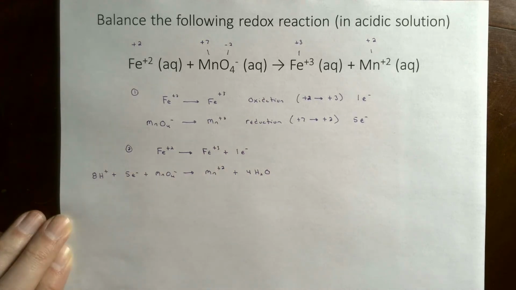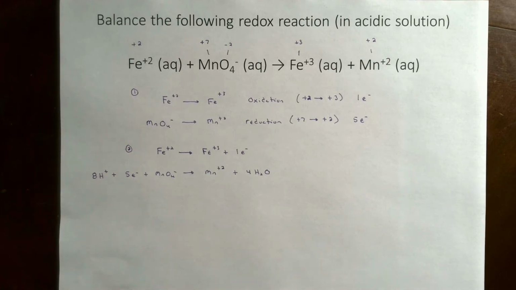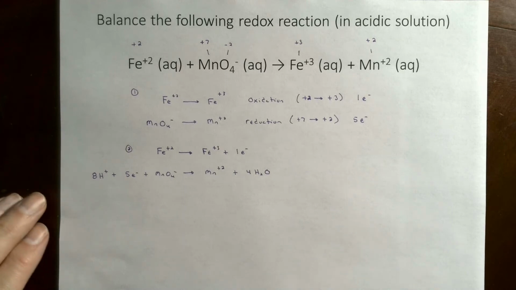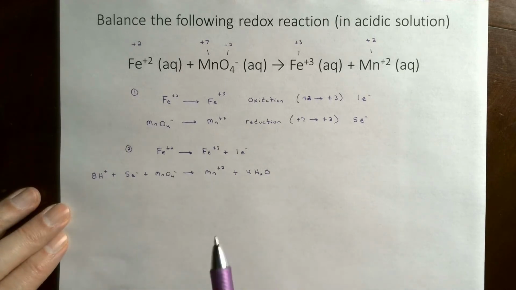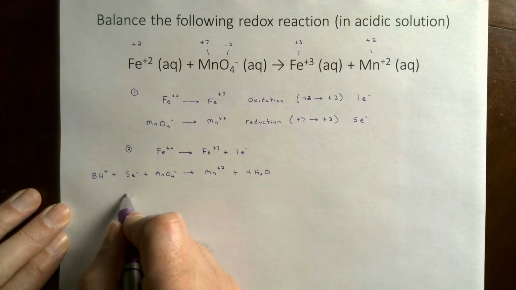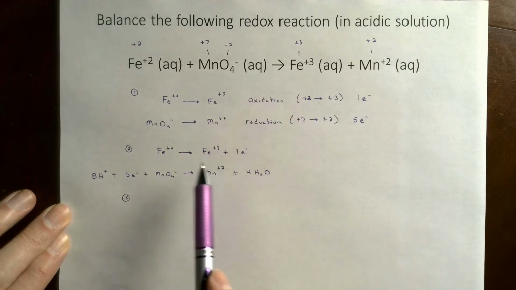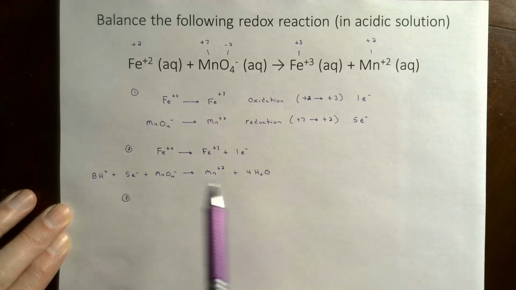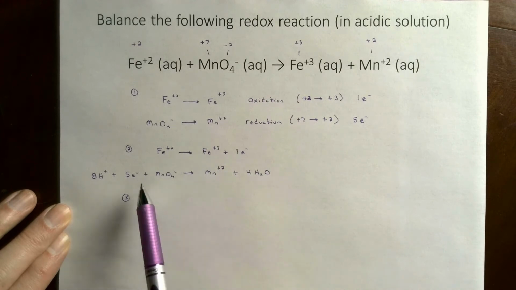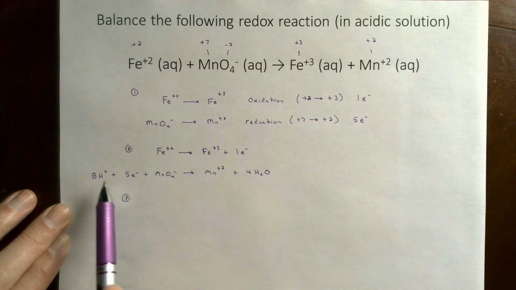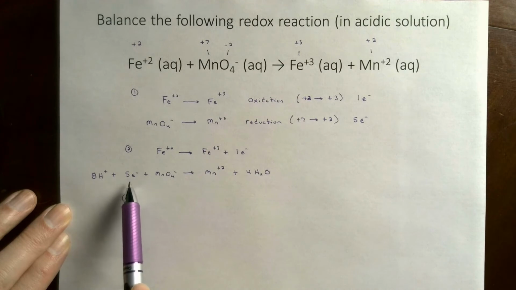As protons, H+. So now, the exciting thing is, if I were asking you, what are the 2 half reactions, you'd be done. You'd be completely finished. But we're not. We want to get the balanced redox reaction. So the third step is going to be to take these 2 half reactions and make sure that they have the same number of electrons. So this half reaction has 5 electrons in it.